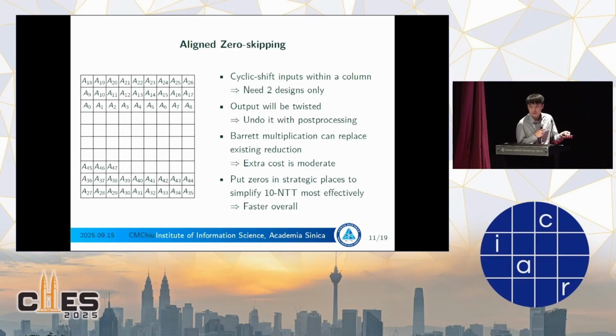If this isn't 9 but 10, or some other value, there will be skips, so the zeros will not be contiguous. But in Cooley-Tukey, it is always contiguous. So this is kind of a coincidence here. Another thing is we use aligned zero skipping here, but since we do the twisting, in the inverse time the whole design stays the same.